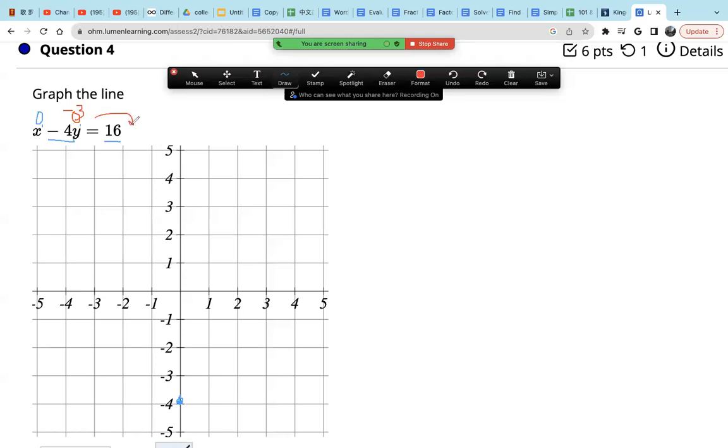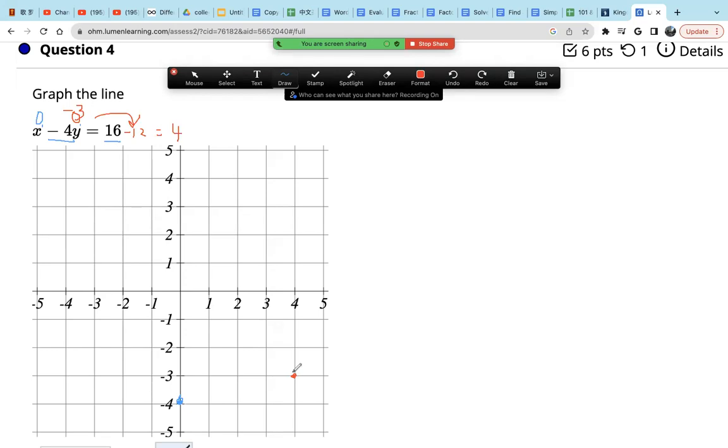Positive 12 moved to the other side becomes negative. So 16 minus 12 is 4. So if y is negative 3, x is positive 4. So the point is here. We can always assign values because it's a straight line.